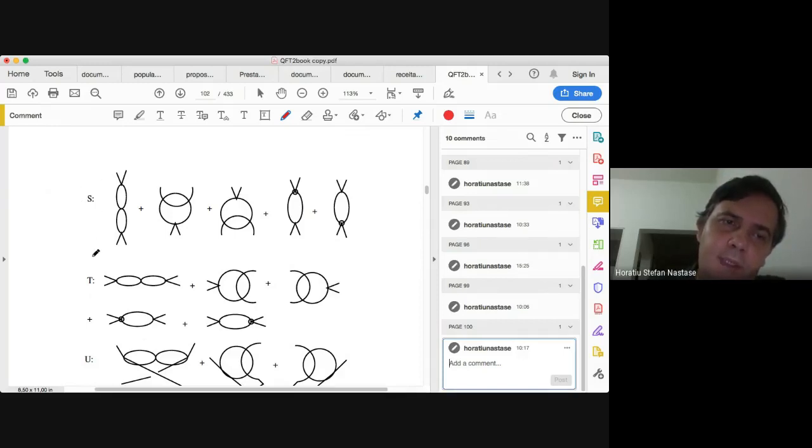And then we use the idea of crossing, of going to what we called the T channel and U channel by flipping the external lines in terms of in and out. So these basic diagrams are 3 diagrams without counterterms and 2 diagrams with counterterms.